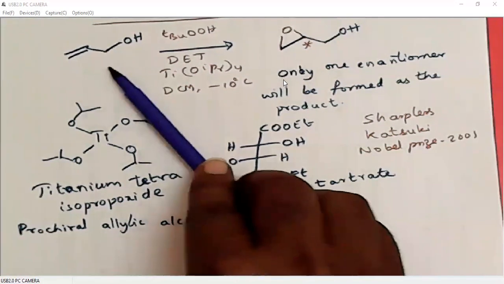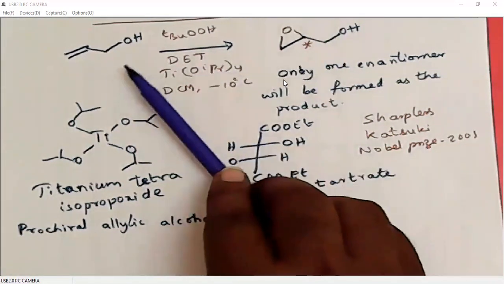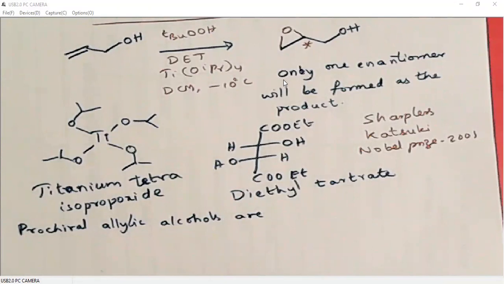Prochiral means the compound is not chiral, but it will be converted to chiral in a reaction. So that's what it means, prochiral.